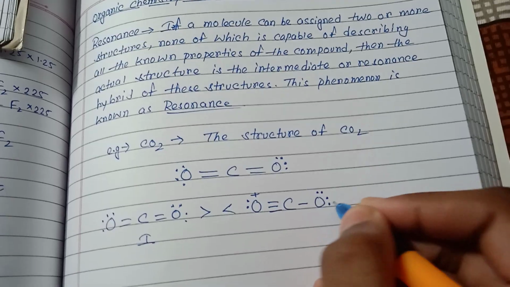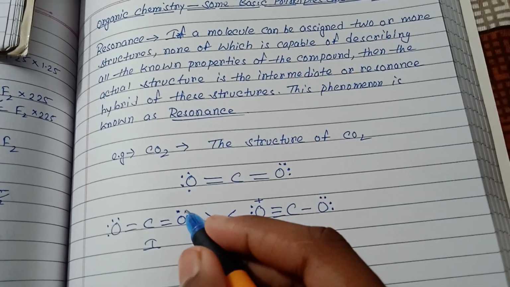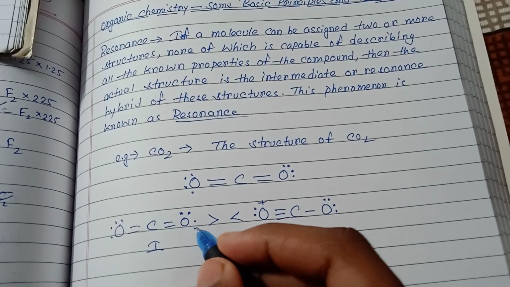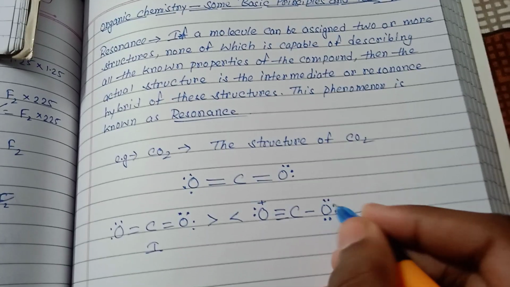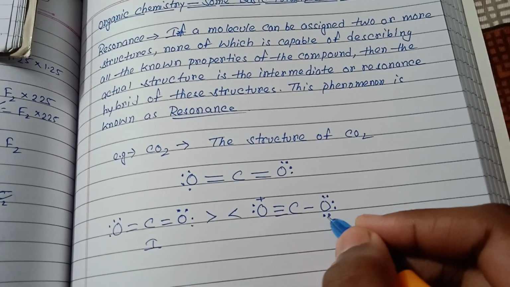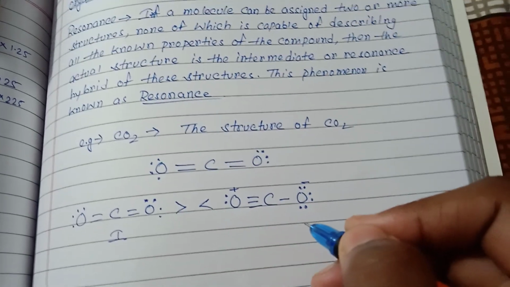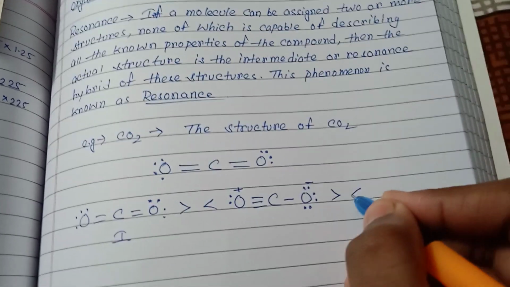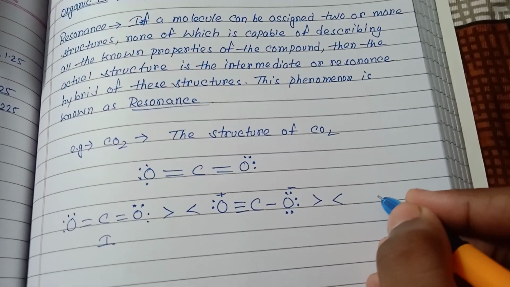At first we had four lone pairs, now there are three lone pairs, and a minus sign will come here. Again the arrow sign, and then the last structure of CO2, okay?